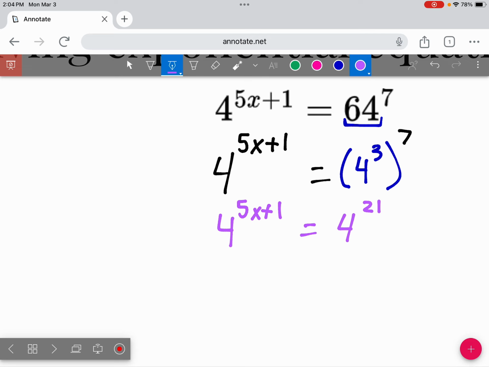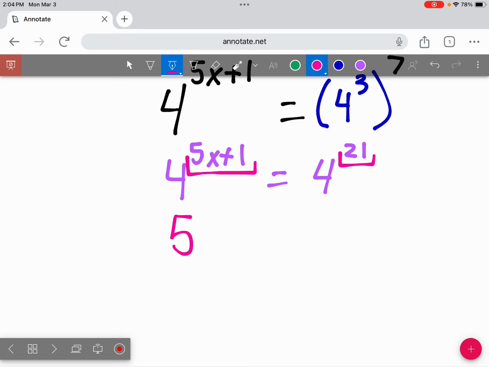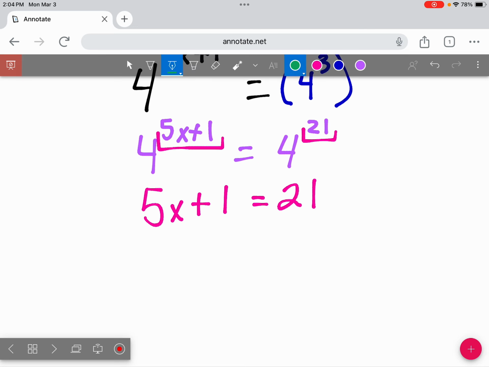What are we going to do from here? Now we're looking at these exponents. My bases are the same, so I get to ignore them. Now that my bases are the same, we can just look at our exponents. When does 5x plus 1 equal 21? Subtract the 1.